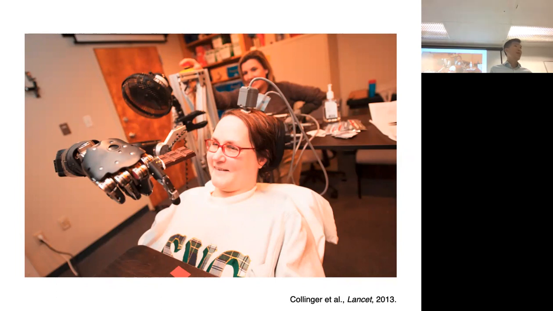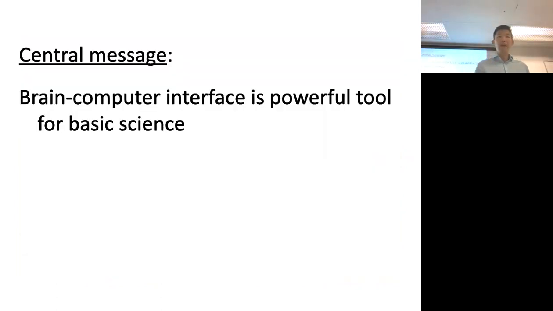And this is the use of a brain-computer interface as an experimental tool to understand various brain functions. And so this is sort of the topic of today's talk. Okay, so the central message for today is that a brain-computer interface is a powerful tool for basic science.